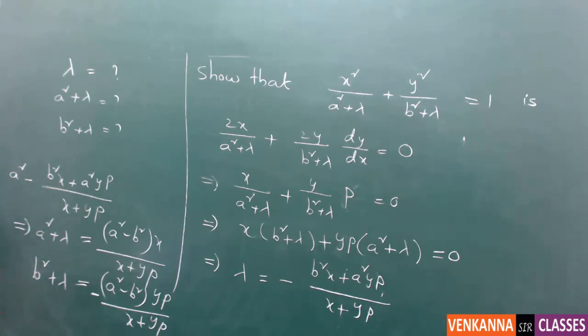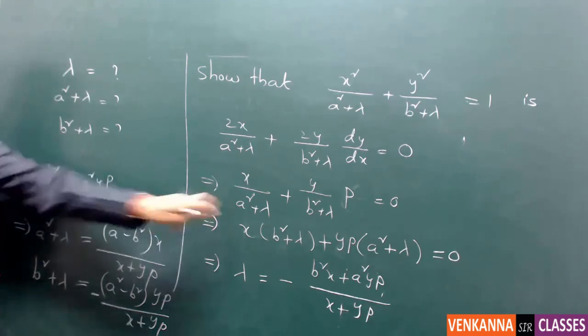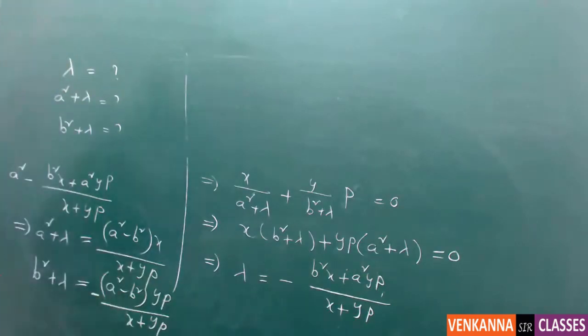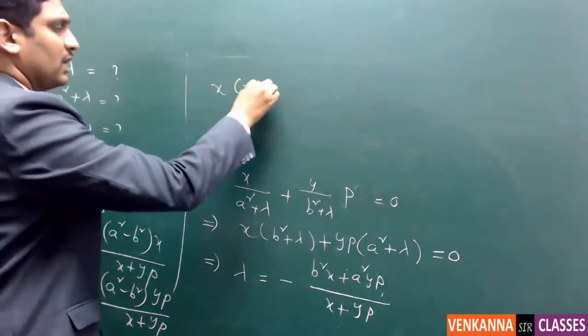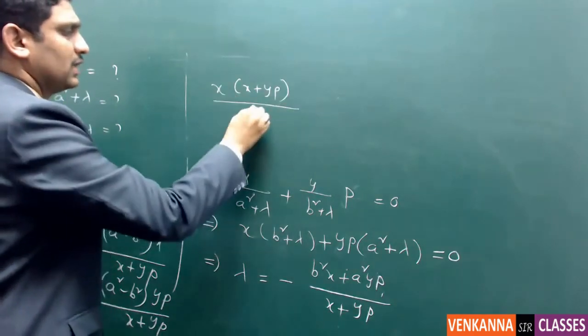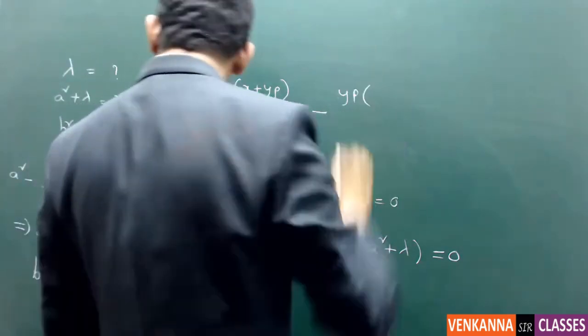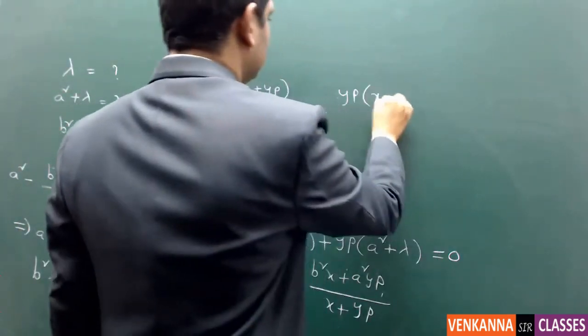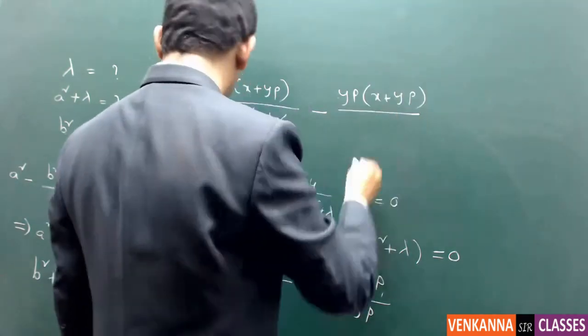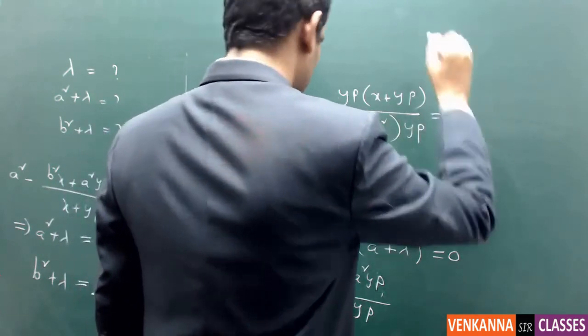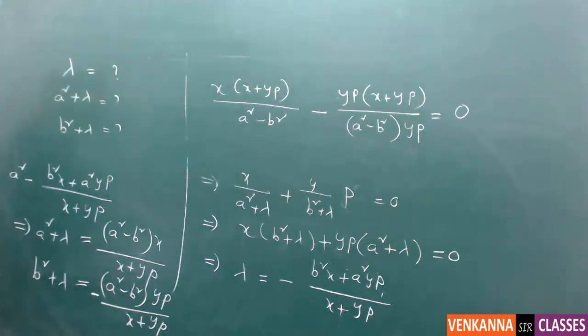So substituting these two values at this position, so I will have x into x plus yp by a square minus b square, minus yp into x plus yp by a square minus b square into yp, is equal to 0. Yeah, please check on that.